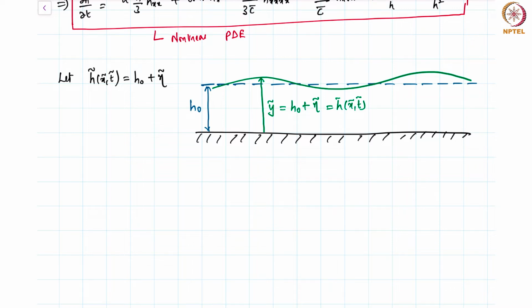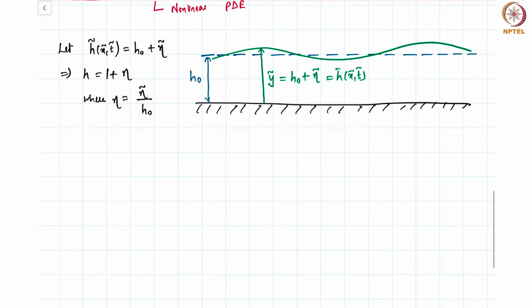Remember, h naught is the height and it's a dimensional quantity, and therefore the non-dimensional height, which is h tilde by h naught, would simply be 1 plus eta, where eta is defined as eta tilde by h naught. This is the non-dimensional deviation, right?